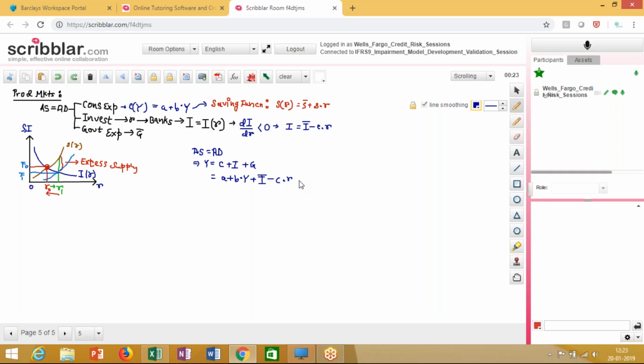And the next part is the government expenditure, which is exogenous because we don't determine government expenditure. We know that it cannot be determined in the market models. The government takes its own set of decisions, right?